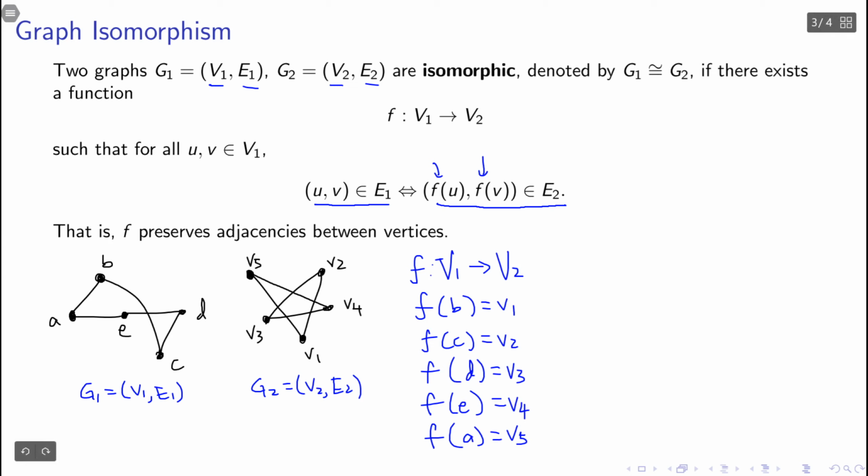And so maybe I'll put it like this here, just to emphasize that it's capital V for the vertex set. Okay, so that's an example of a function f, right?